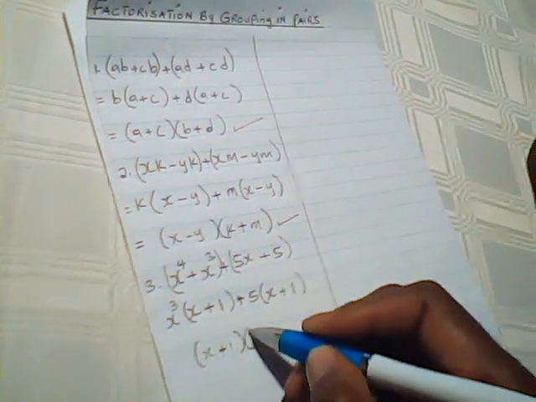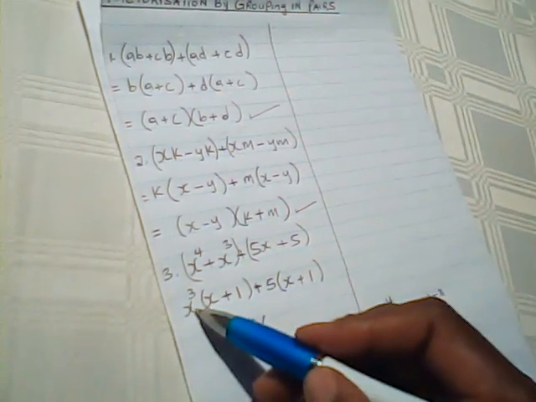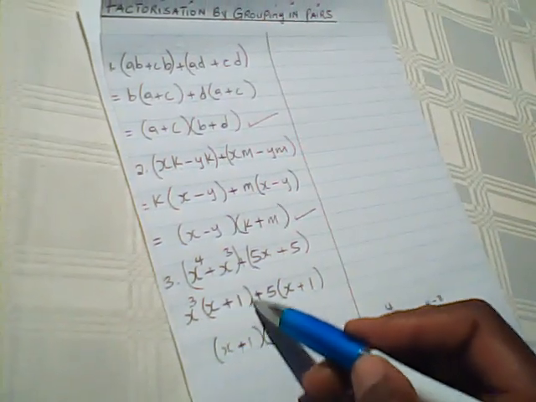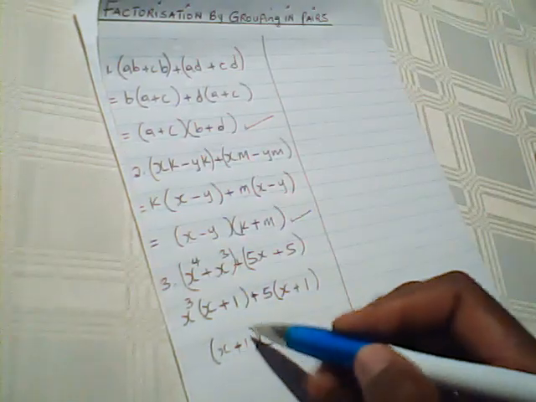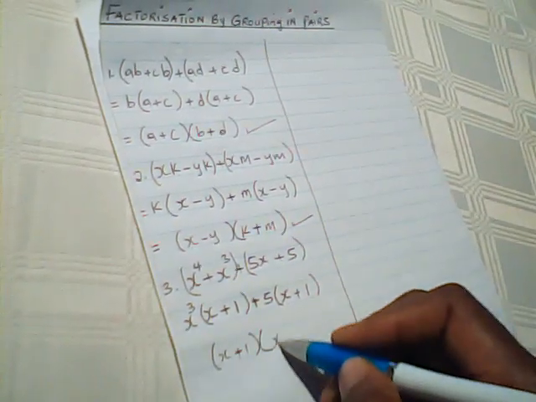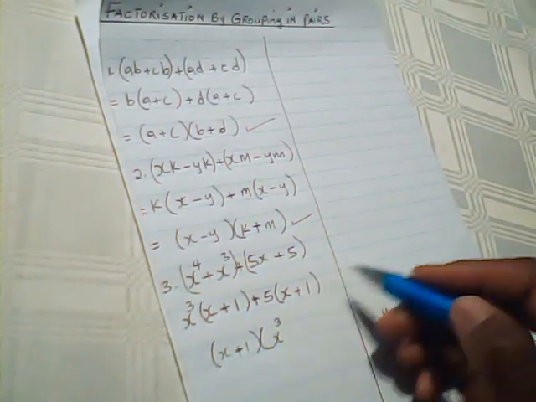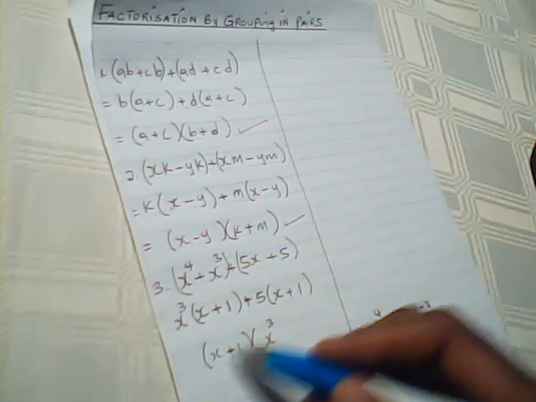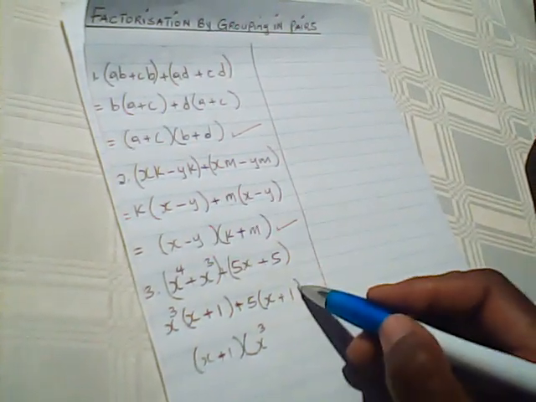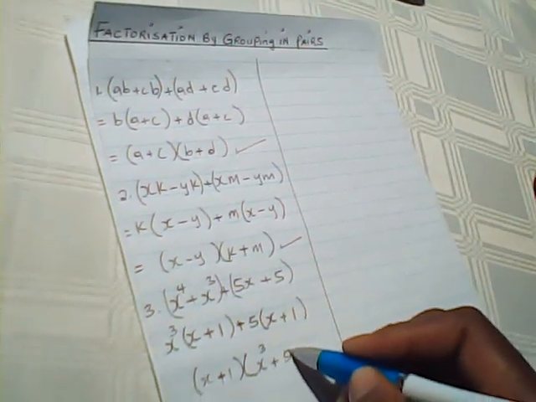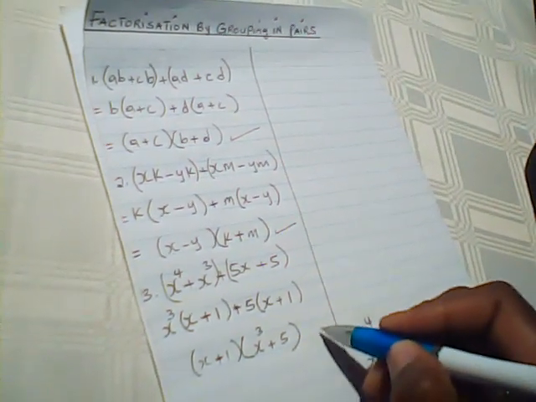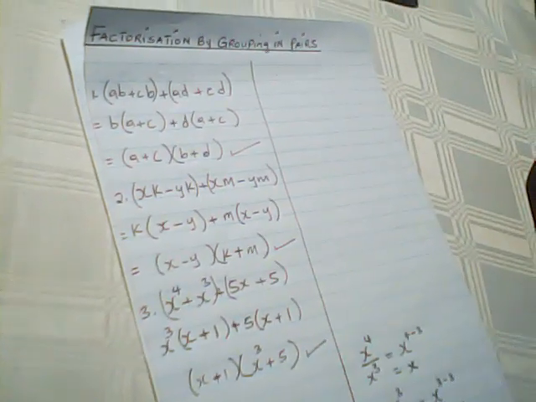Open up brackets. The whole of this divided by this will kill that. Then we are left with x raised to 3. The whole of that divided by that, this will kill that. Then we are left with 5. So that is our answer.